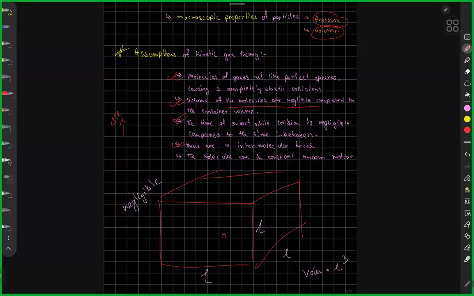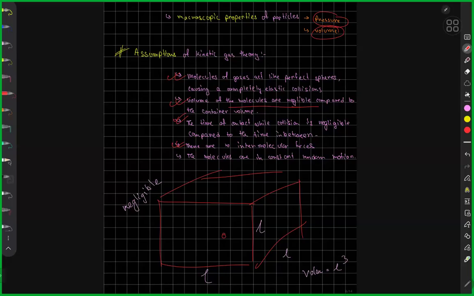The internal energy of any substance is simply related to its temperature, because temperature is related to kinetic energy. We don't consider potential energy when talking about internal energy of any substance. And that is why this assumption of zero intermolecular force is important. Why?